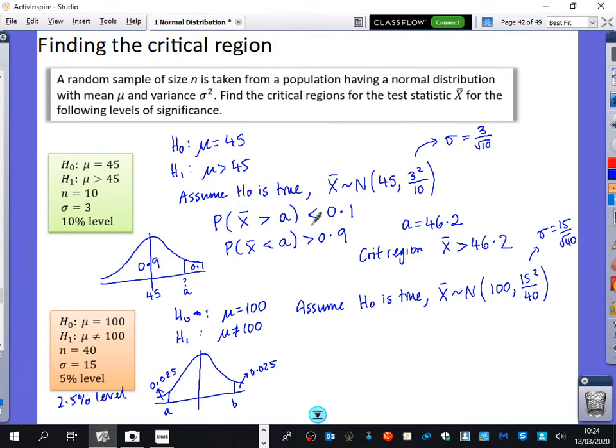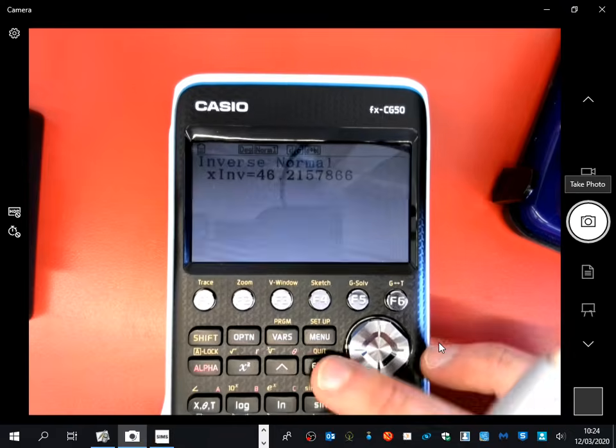Now, if you find these symbols a bit confusing, just find the value that gives you the probability and then set it afterwards. So if I want to find the probability that x is less than a is equal to 0.025, I'm going to put that on my calculator. I'm talking about the one on the left-hand side, where I want the area to be 0.025.